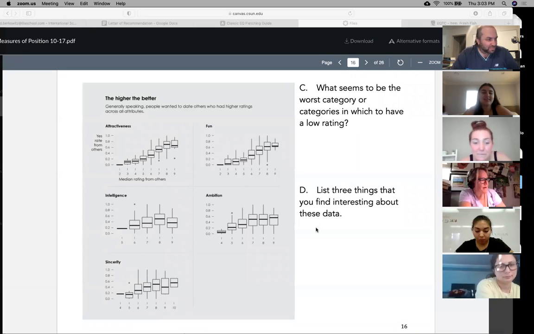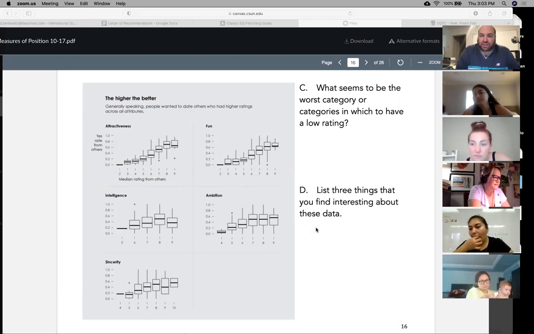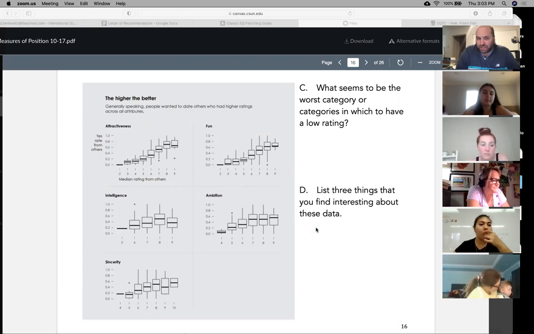The numbers on the bottom are like 2, 3, 4, 5, 6, 7, 8, 9. That is what? Because now I'm losing my place. So basically, let's say everyone goes on dates, right? There's thousands of people who are going on dates, and we collect all this data that says that a number of people rated this person, let's say, as an 8 on attractiveness, right?